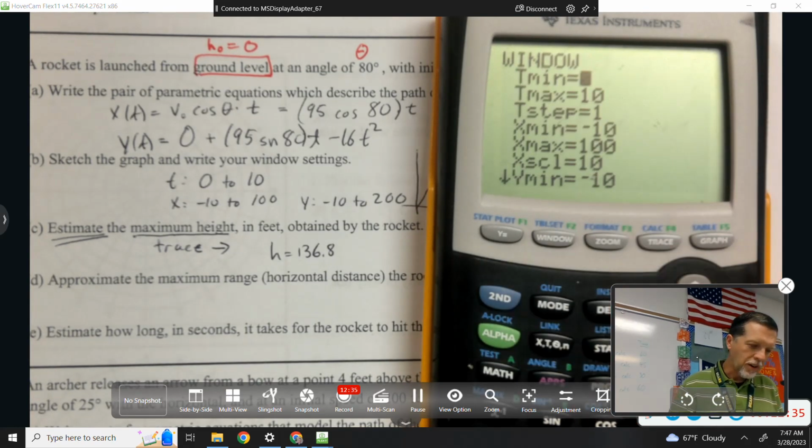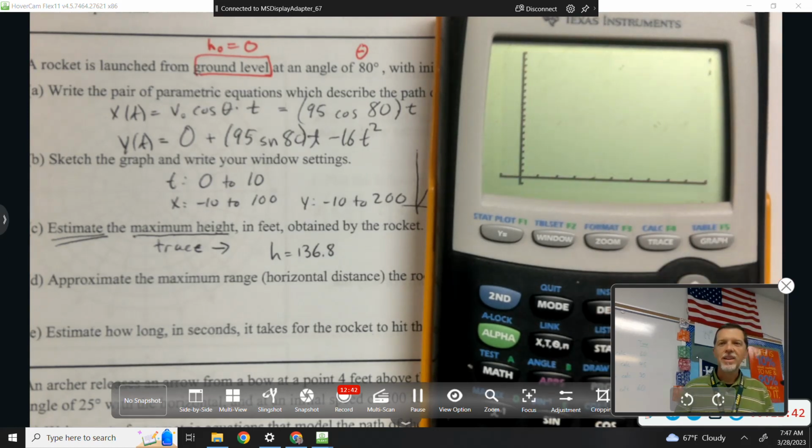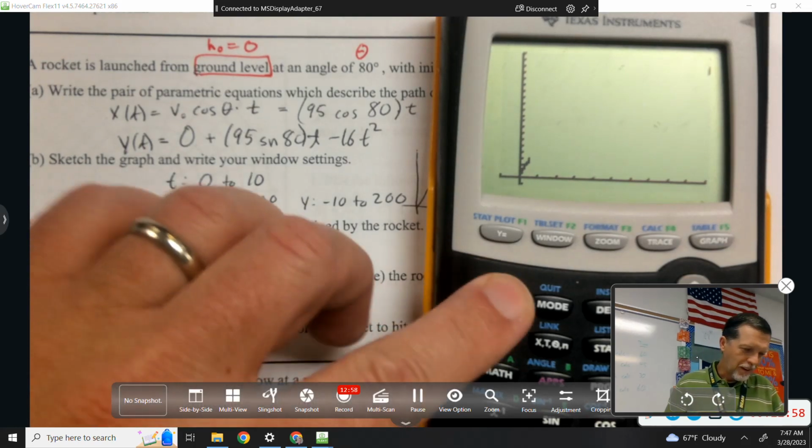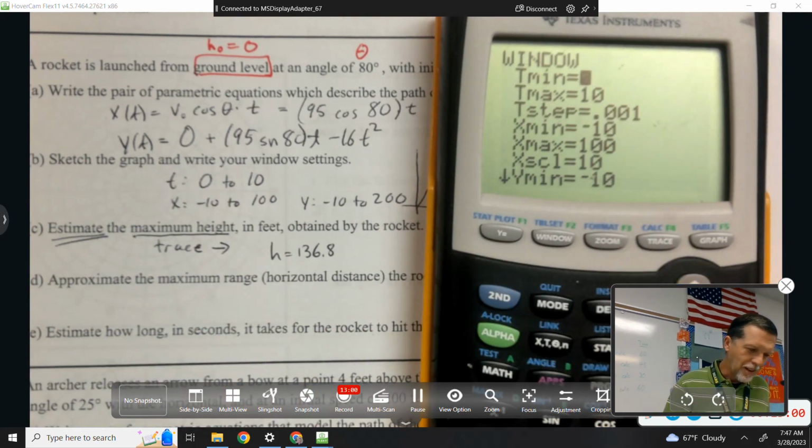So back to window. I don't want to make this ridiculous, but if we go 0.001, yeah, there you go. It takes forever. You're going to have a super accurate graph. There it comes. Finally. So I don't do that. You'd be sitting there forever. So 0.001 was ridiculous. 0.05 maybe.